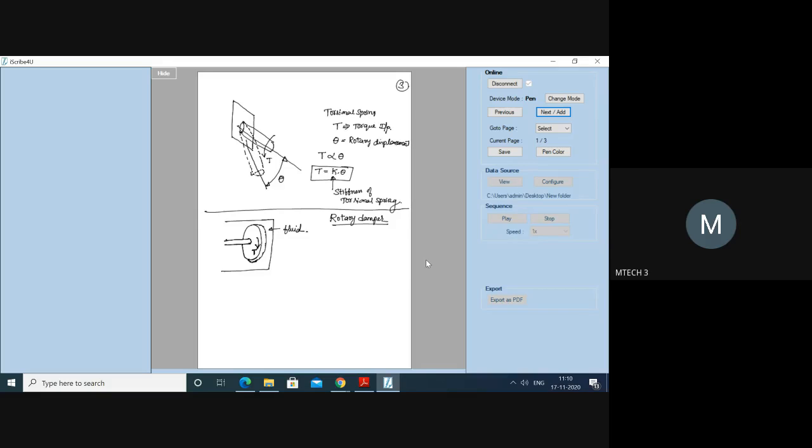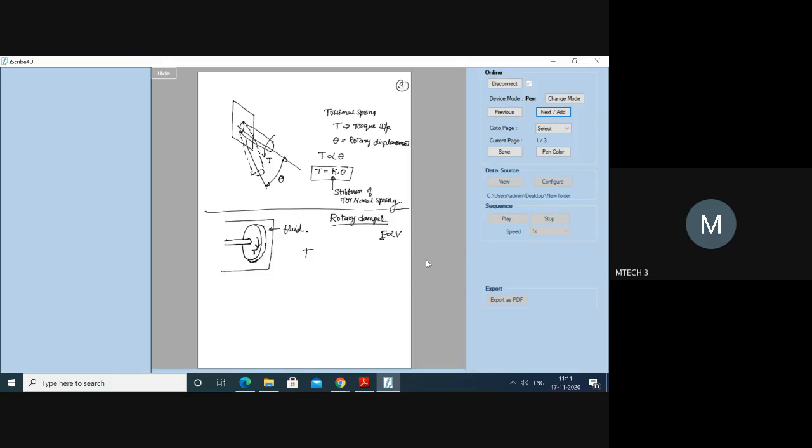The disc is rotating in a fluid, and the resistive torque is proportional to, earlier in the dashpot, F was proportional to velocity. Now here F is replaced by the rotary torque.